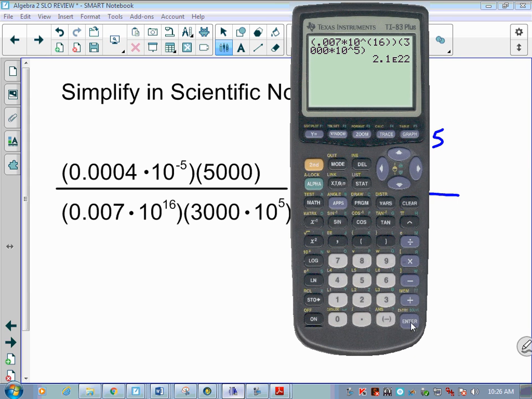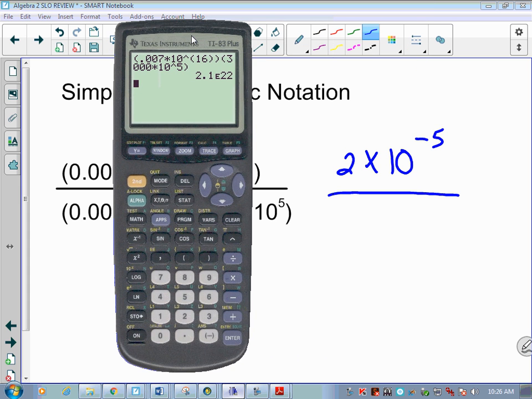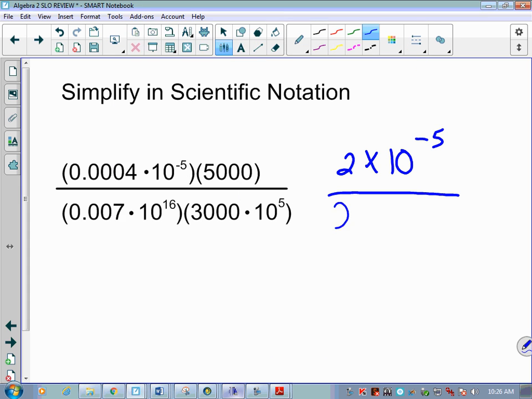That gives me 2.1 times 10 to the 22nd. From here, we should be able to do some of this on our own. What's 2 divided by 2.1? Somebody tell me?